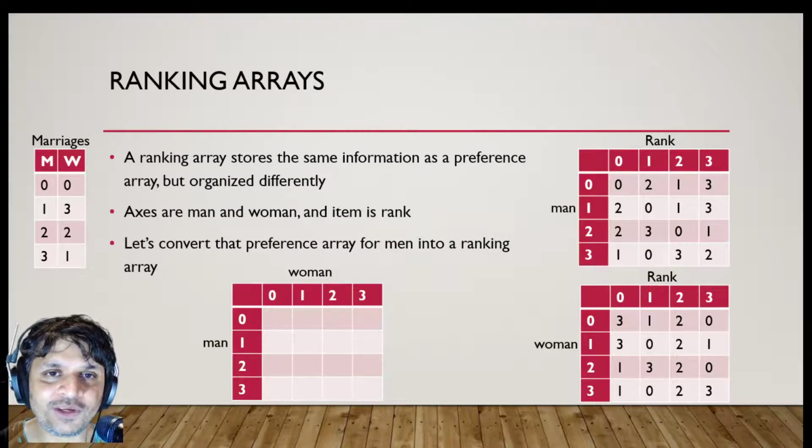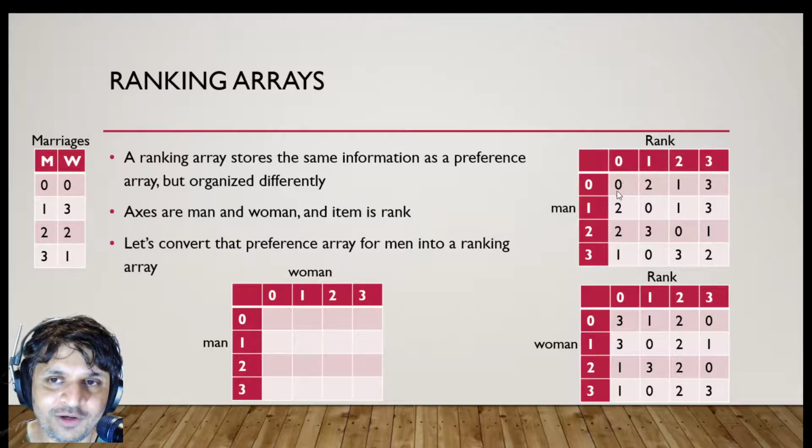So what we can do is convert this preference array into a ranking array. Now, a ranking array is the same information but organized differently. If we look at the preference array, the axes are the man and the rank, and the item in the array is the woman, right? So I'm saying man naught ranks woman naught, so the woman is the number on the inside, ranked 0. So the rank is on the axis.